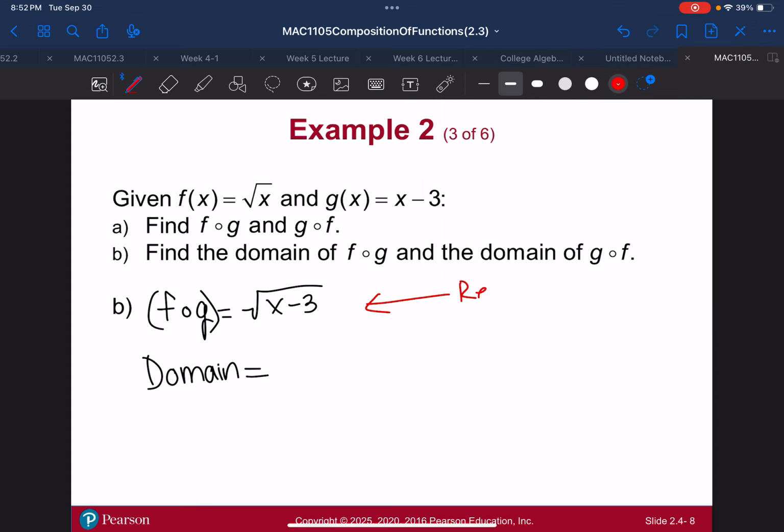The restriction on this function is that we cannot take the square root of a negative number.